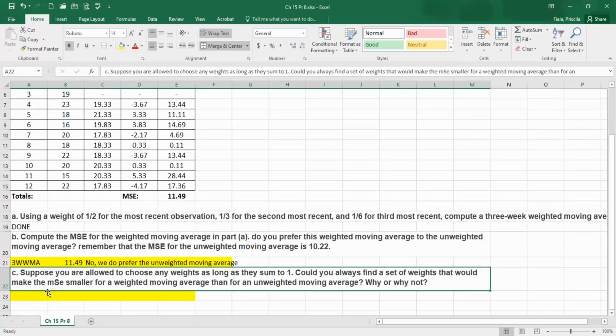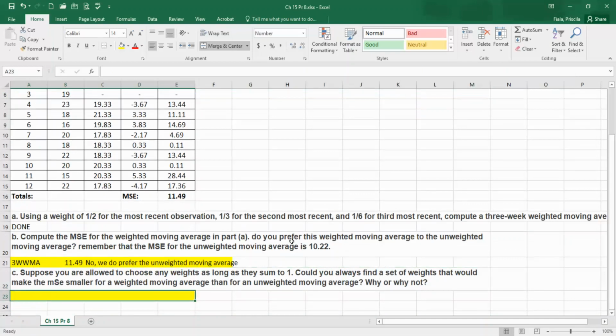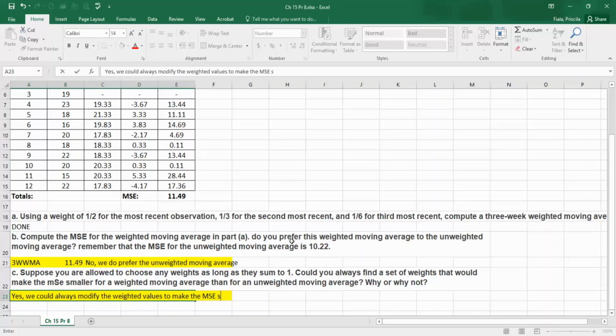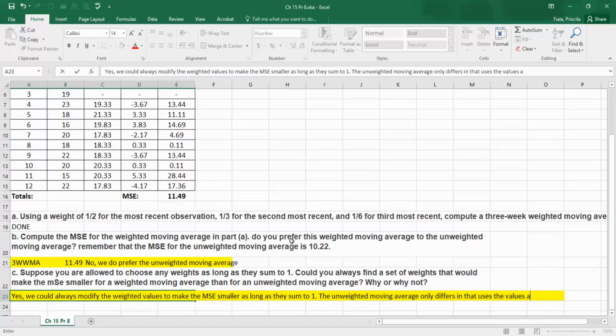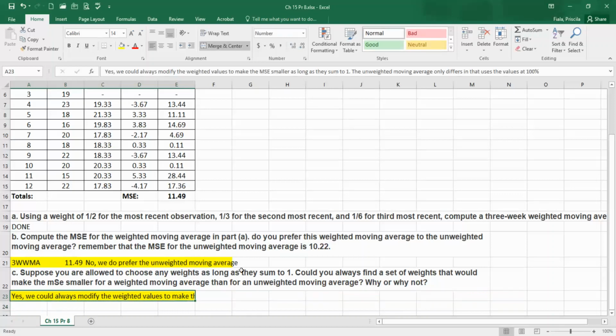Yes, we could always modify the weighted values to make the MSE smaller as long as they sum to 1. The unweighted moving average only differs in that it uses the values at 100%. And then you would be done with problem 8.